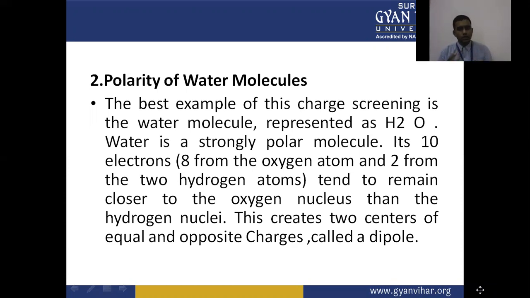So the dipole is formed, and an electrostatic field will also develop. In this water molecule, positive and negative charges are developed, and they will attract and repel each other. So a dipole is formed in the water molecule.